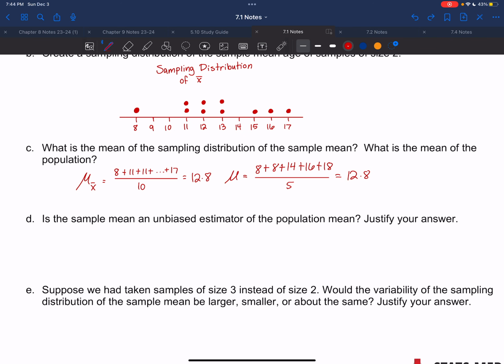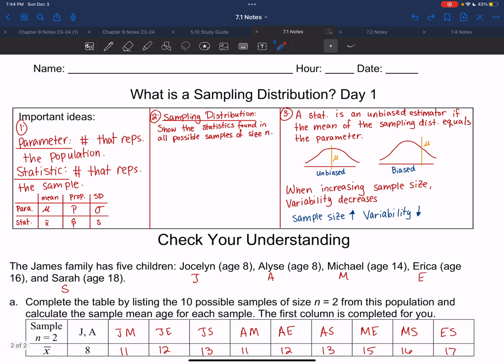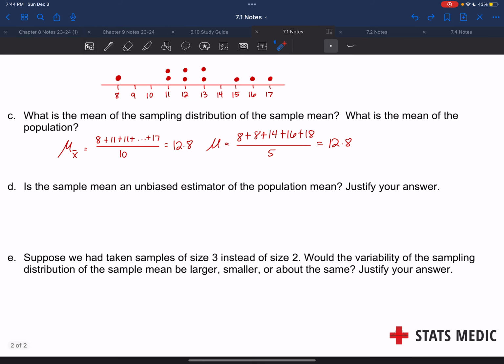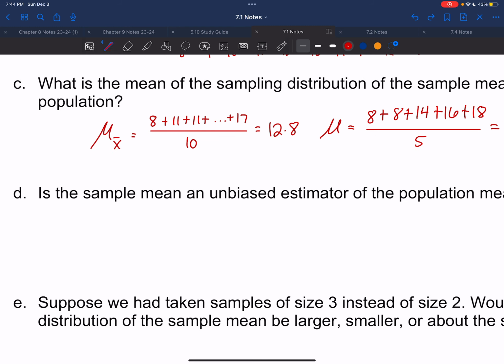Part D says, is the sample mean an unbiased estimator of the population mean? Justify your answer. So if we go back up a second, part 3, we said a statistic is an unbiased estimator if the mean of the sampling distribution equals the parameter. So since we've got 12.8 for the sampling distribution mean and for the population mean, we can say, yes, this is unbiased because they're the same.